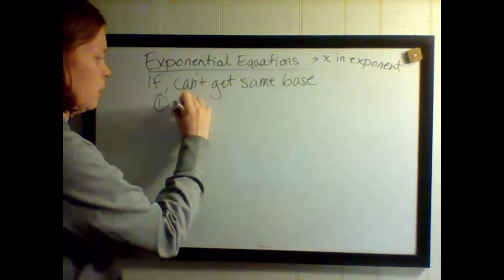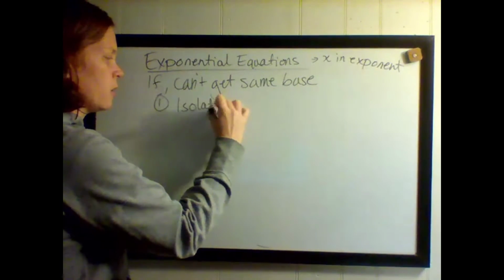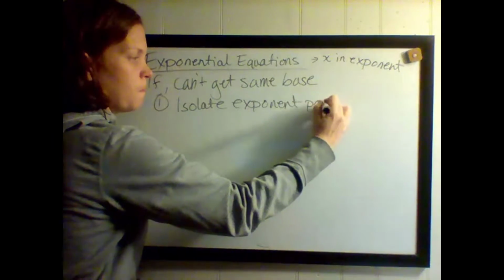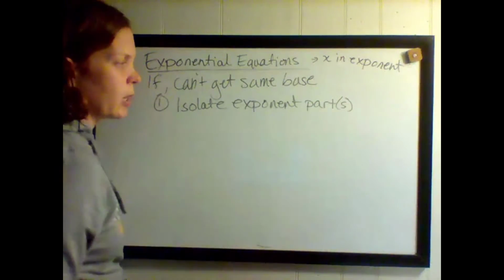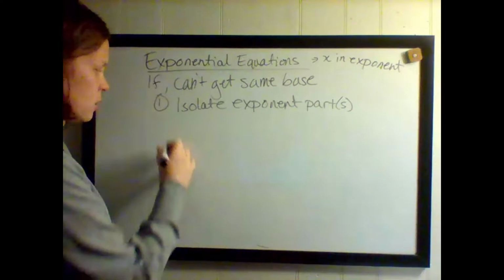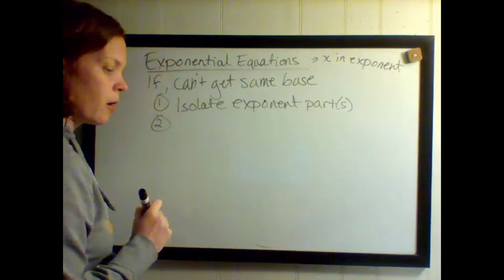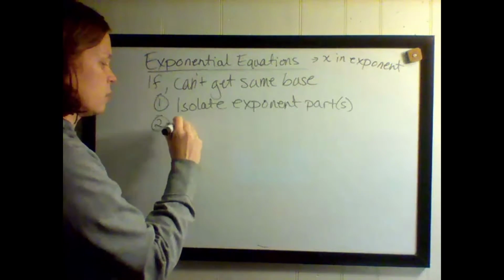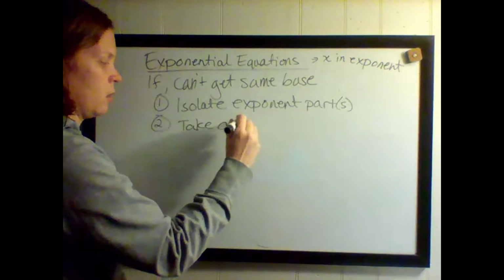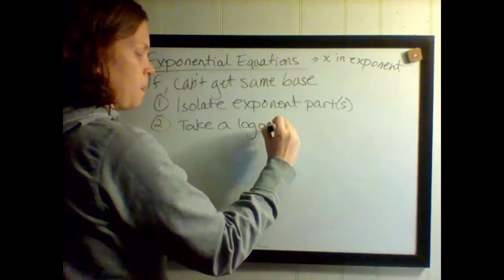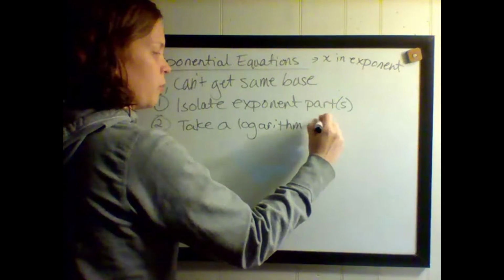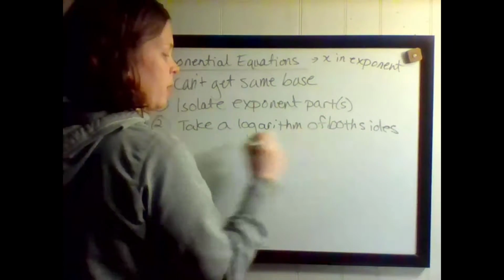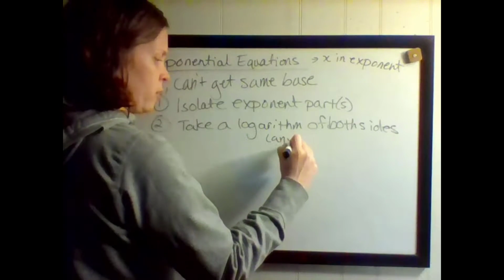First, whatever the equation is, we need to isolate the exponent part or parts. Sometimes we might have two, so as much as we can, we're going to isolate the exponent parts. Then we take the logarithm of both sides, and this could be any base underneath the logarithm.